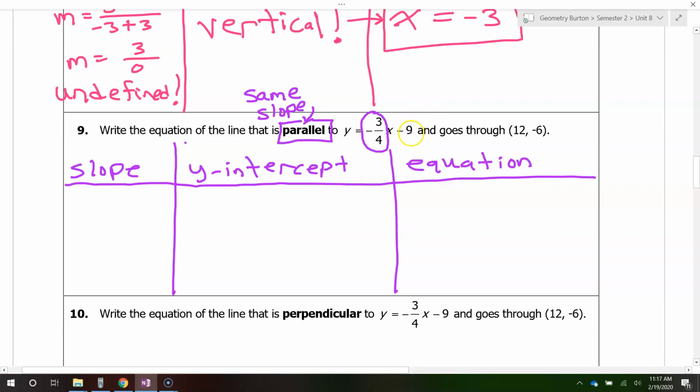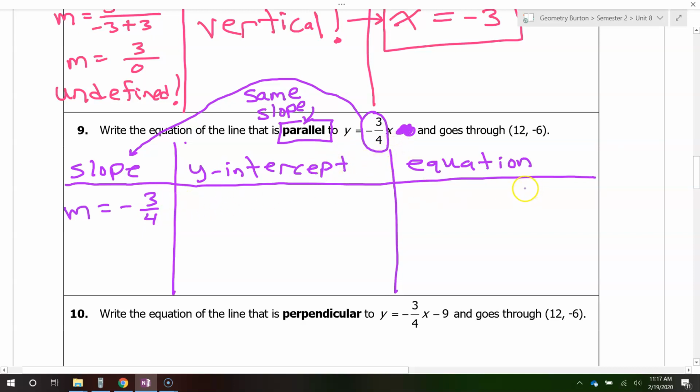The -9, the y-intercept, parallel lines don't have the same y-intercept, so just scribble this out. We are not going to use that -9 for anything. Because parallel lines have the same slope, I'm just going to use that slope right here. So the slope is going to be -3/4. Indirectly, they gave me the slope.